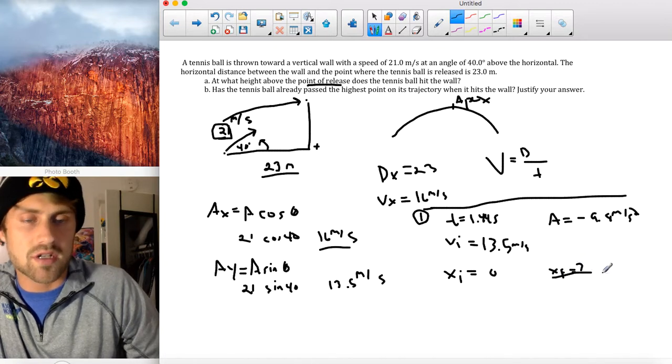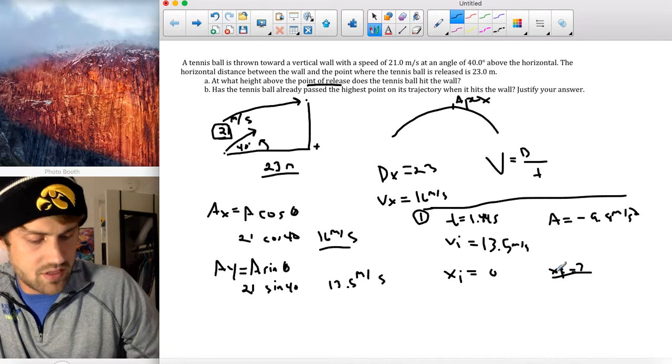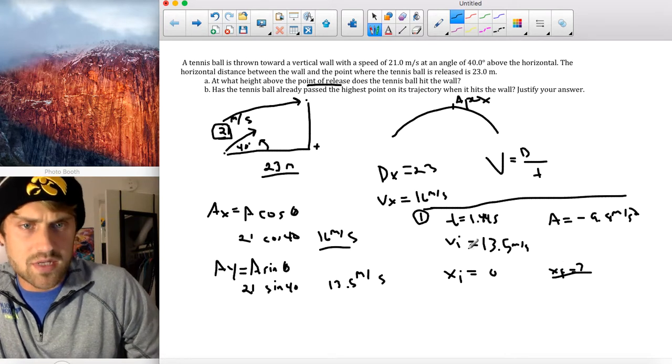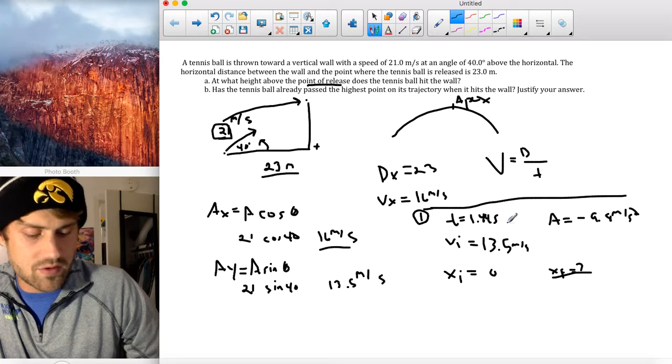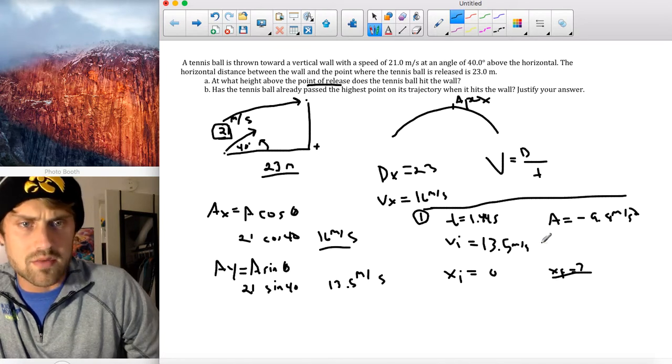So I'm going to kind of draw a line underneath him. My time initial could be 0. Time final is 1.44. We don't know velocity final. So that's pretty much all the information we're given.